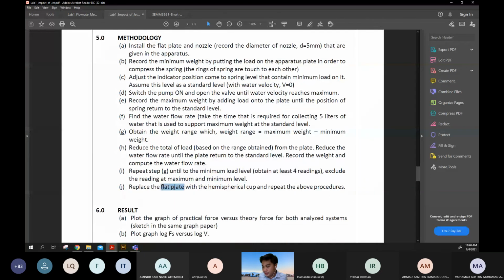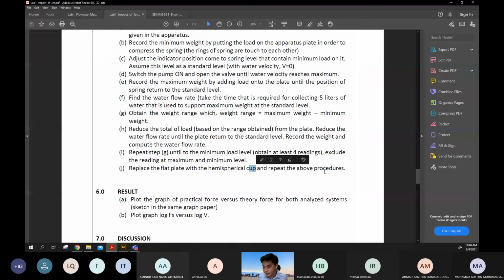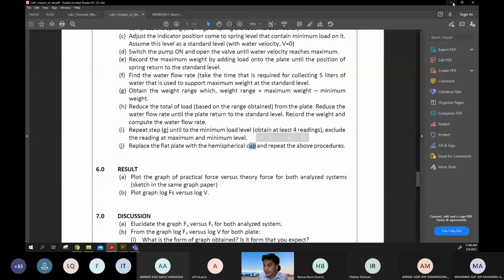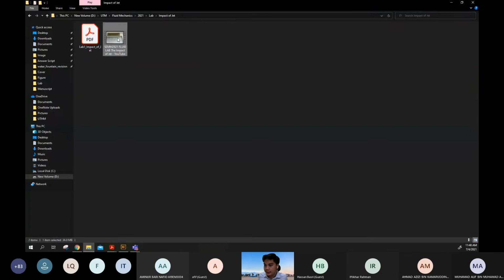Replace the flat plate with the hemispherical cup. Okay, this is the second experiment. Let's see the experiment.